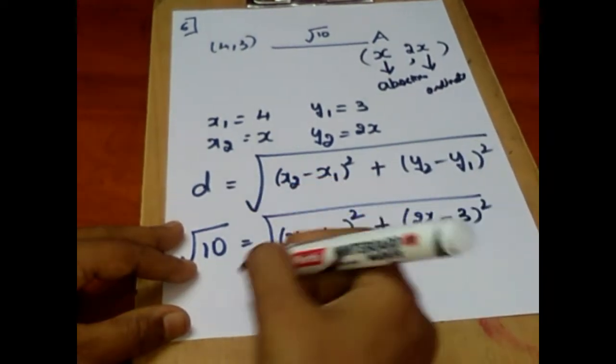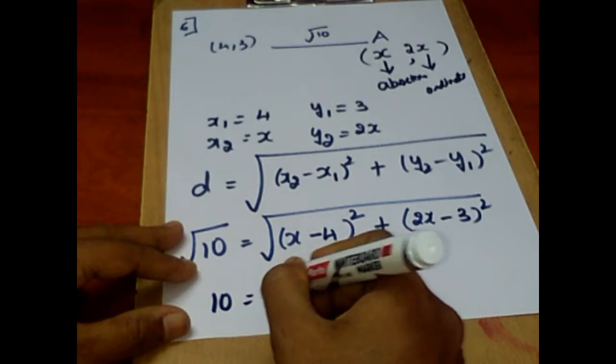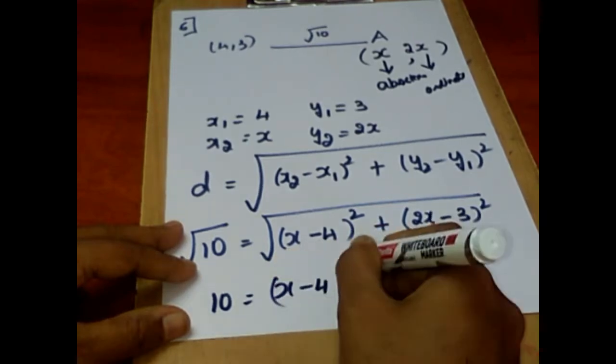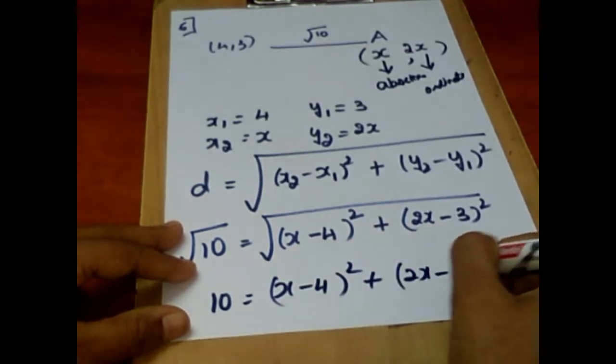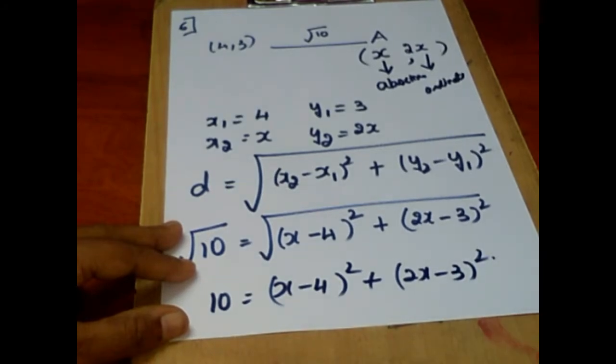As on both sides we have square roots, they can be removed. Now (x minus 4) whole square plus (2x minus 3) whole square. We know how to simplify this, using the formula for (a minus b) whole square.